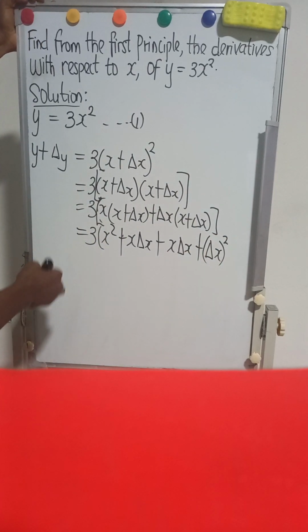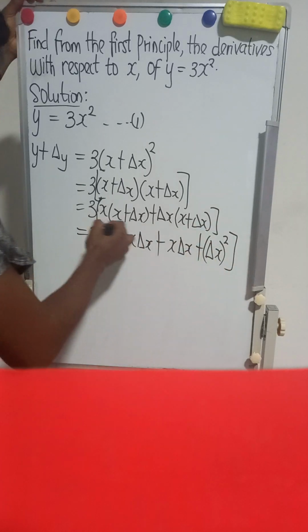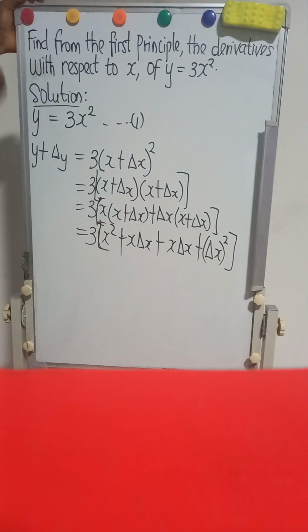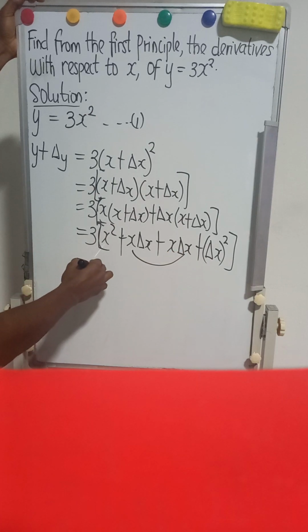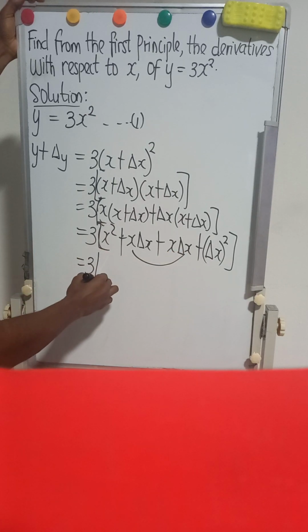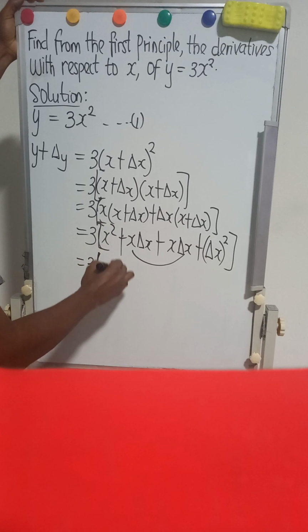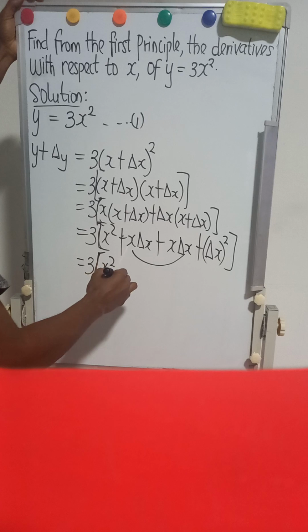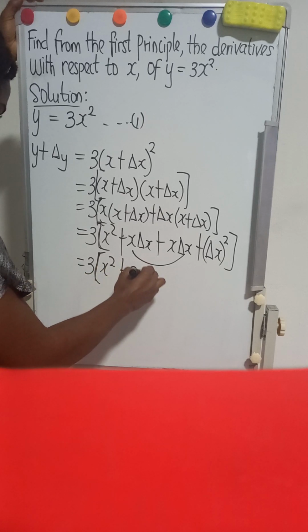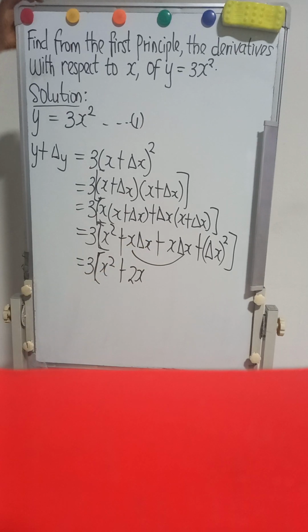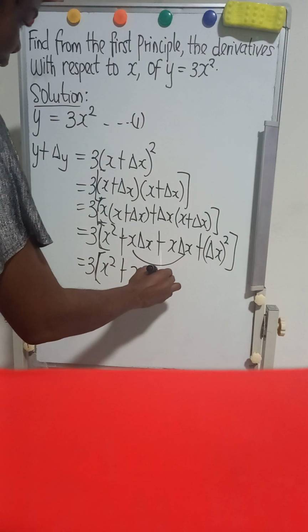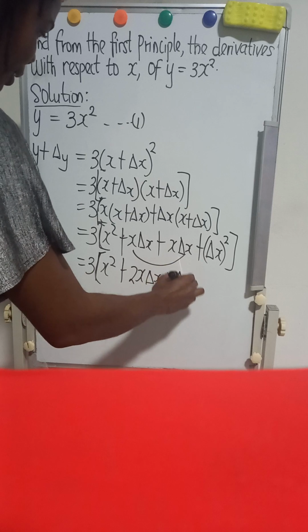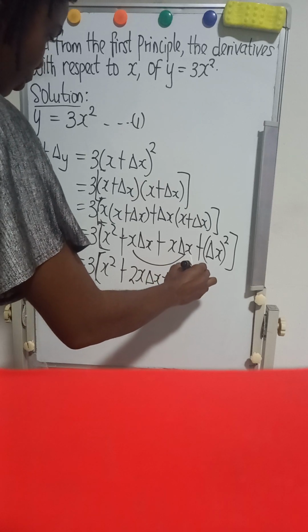Now if we collect like terms, this and this are the same, so that will give us 3 brackets: x squared plus 2x delta x, since x delta x plus x delta x gives 2x delta x, plus delta x all squared.